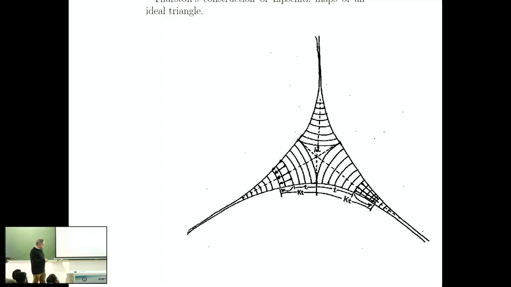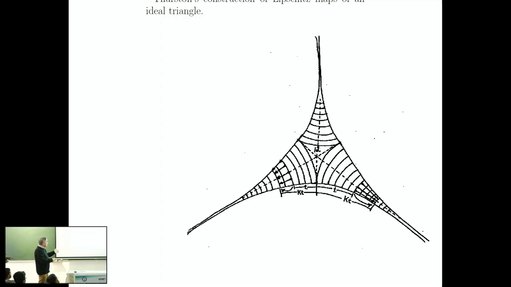And you have to imagine that you start taking a small horocycle, then you make it bigger and bigger, and you do this at the same time from the three sides, with the same velocity of making it bigger.